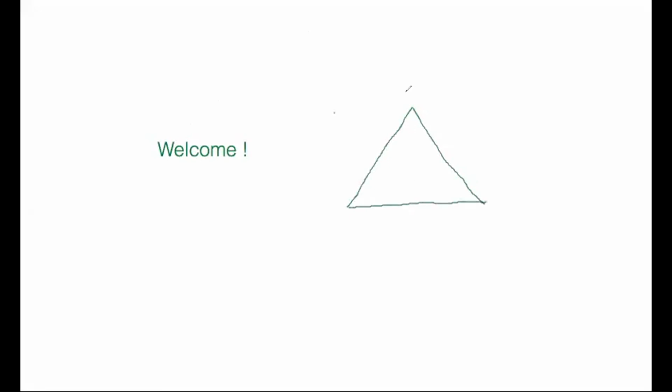This triangle is divided into a number of parts. Now the question is, how many triangles in this figure? How many triangles? Take a look at it. A quick counting.